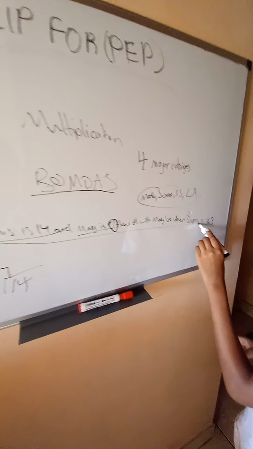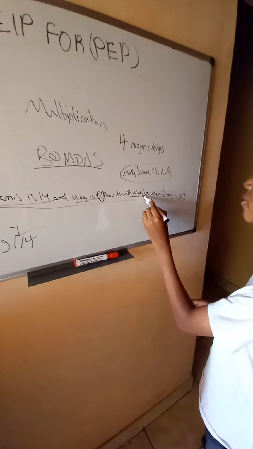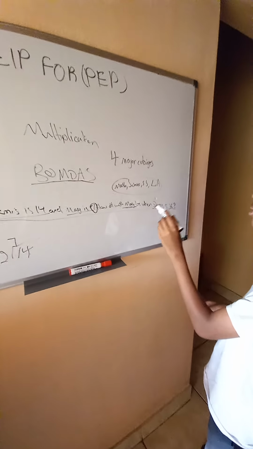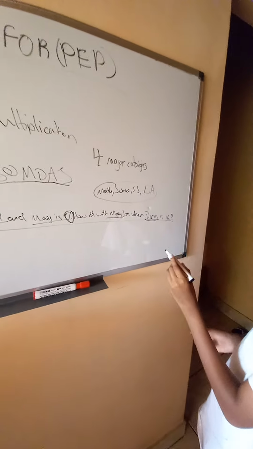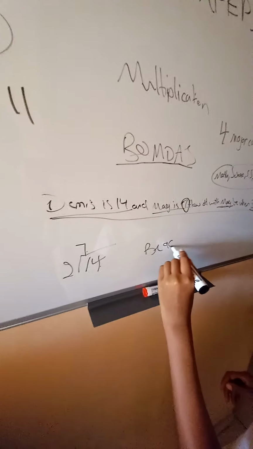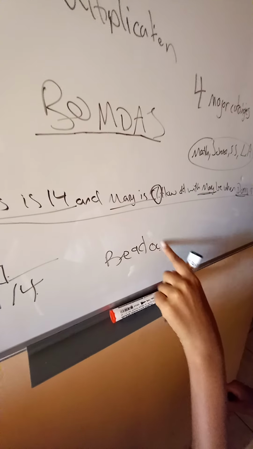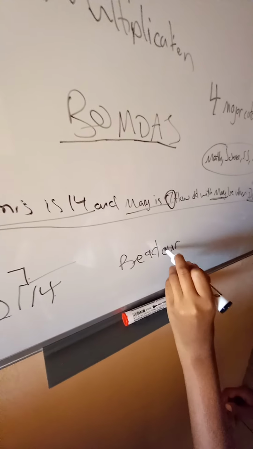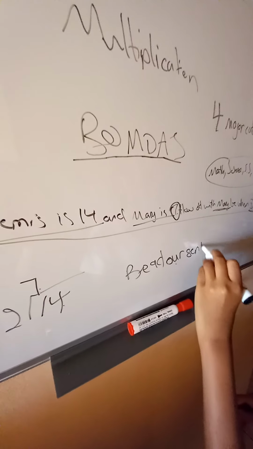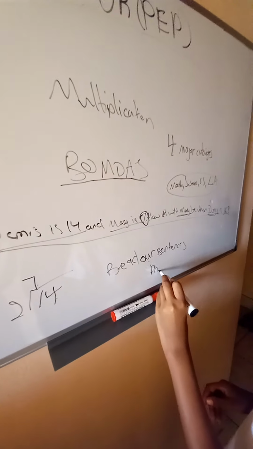It didn't say how old will Dennis be when Mary is 56. It says how old will Mary be when Dennis is 56? We must always read our sentences and not read them like phrases.